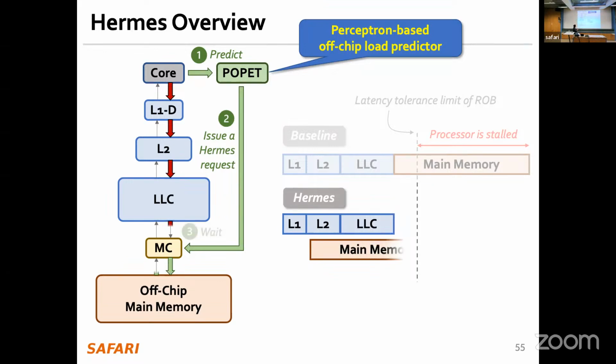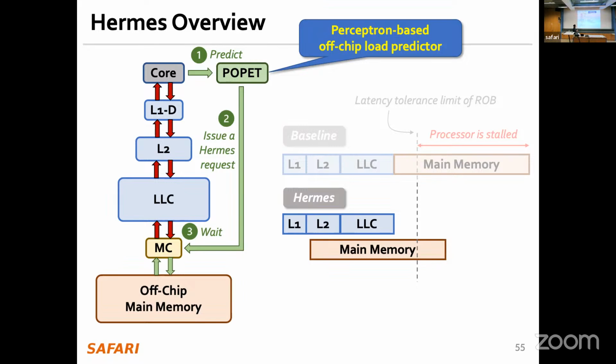It misses L2, goes to LLC, misses LLC, and comes out to the memory controller. At that time, it simply waits for the transmission to finish, and then returns the data to the core. In the meantime, you have started accessing main memory almost in parallel with accessing L2 and LLC, so you save this latency completely.